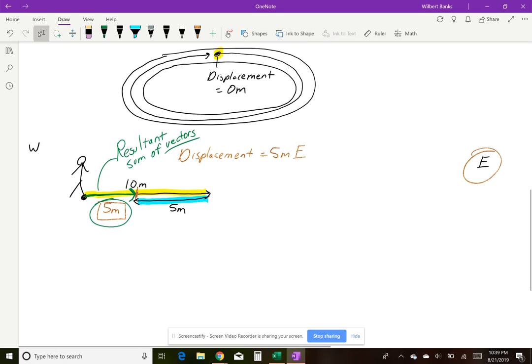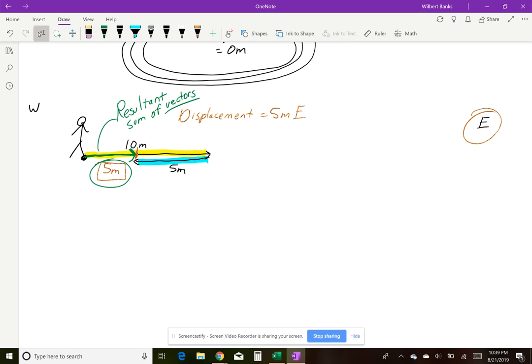So we can do a whole bunch of different examples with that to make it really simple. So let's say, for instance, someone went 5 meters, then later they went 5 more meters. Then I can ask, what's the resultant for that particular situation? And we're going to still call this east. Wouldn't it be this right here? And it's still going east.